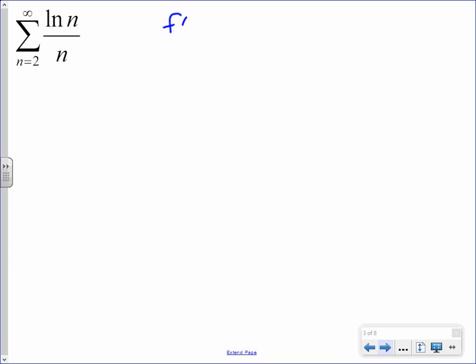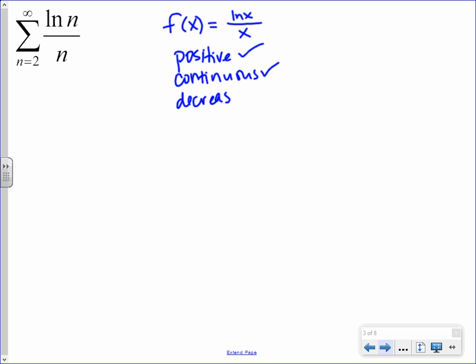If f of x is the natural log of x over x, is this positive? Yep. Is it continuous from 2 and above? Yeah. Is it decreasing? Yeah, because it's getting smaller on top than on the bottom.